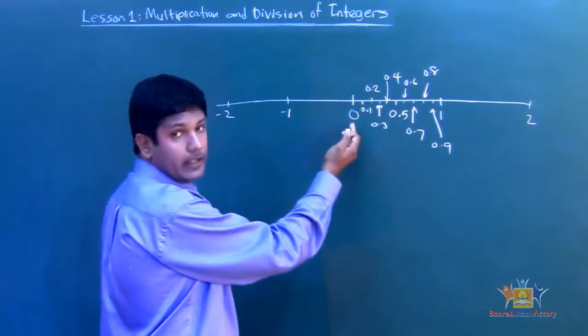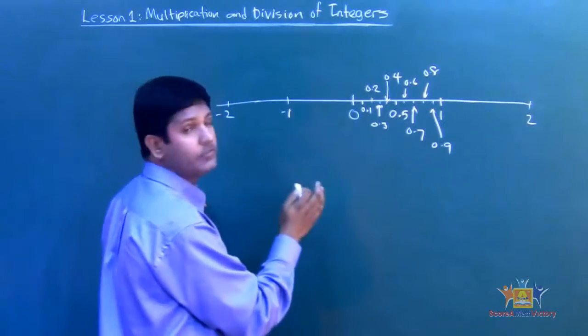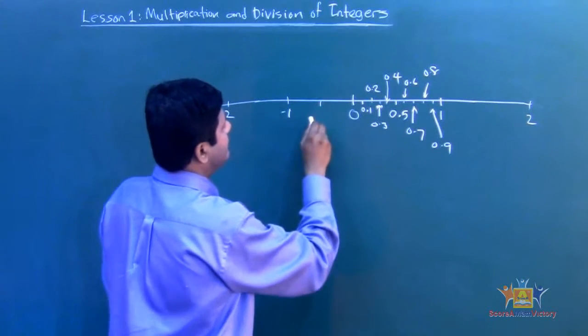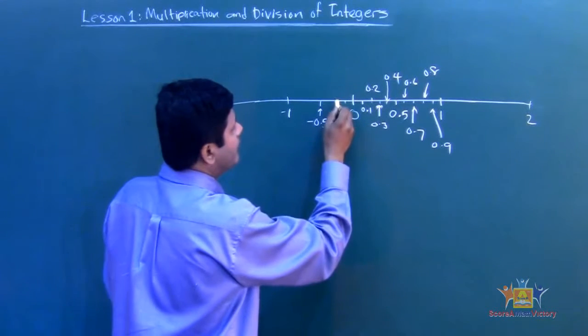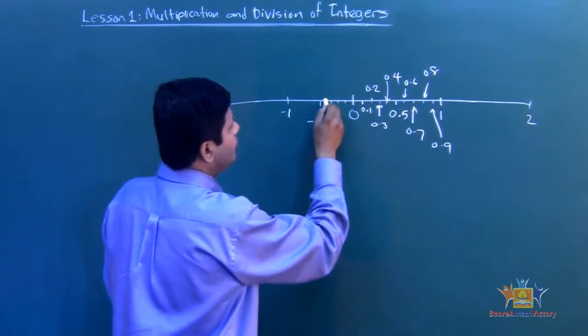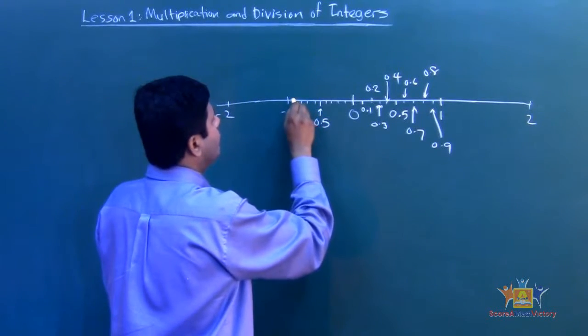Now if I go to the left of the 0, which is the negative side, the same thing applies. If I take the very center, that will be negative 0.5. Then I'm going to divide this into 5 parts, 1, 2, 3, 4, 5, and then 1, 2, 3, 4, 5.